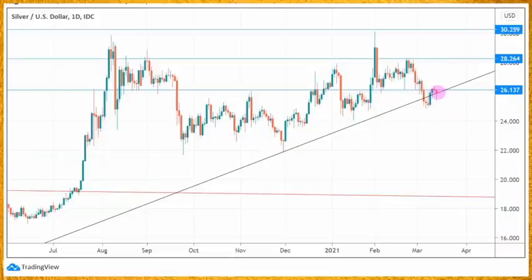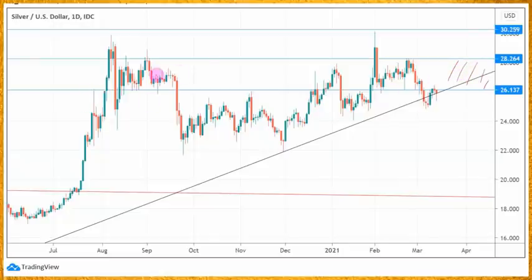Ideally what we want to see is for this price to hop up back into this region over here, and it'll probably hang around there for a little while. Now if we look back here, remember that this region, we spent a lot of time in this area here, and so I think if we do hop back in there, we're likely to squeeze in that area for maybe another month, it could be longer, I don't know.